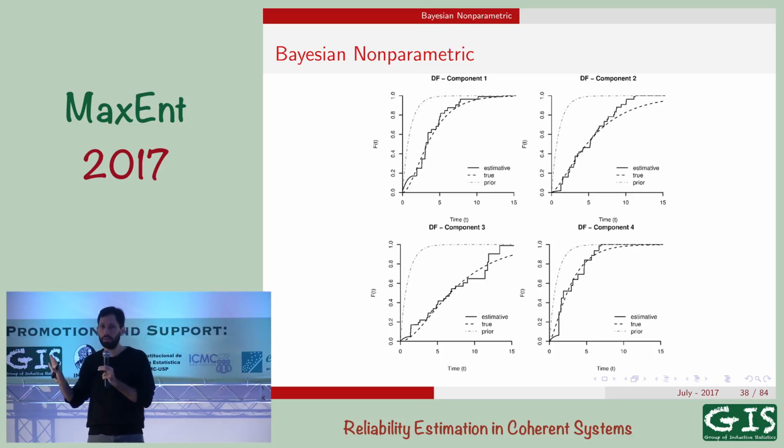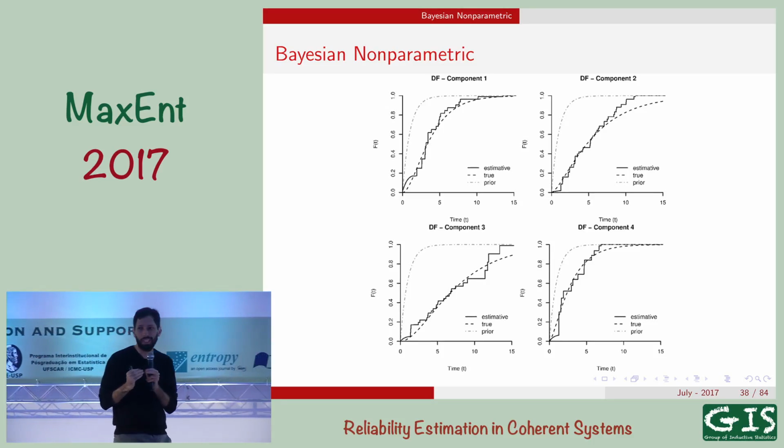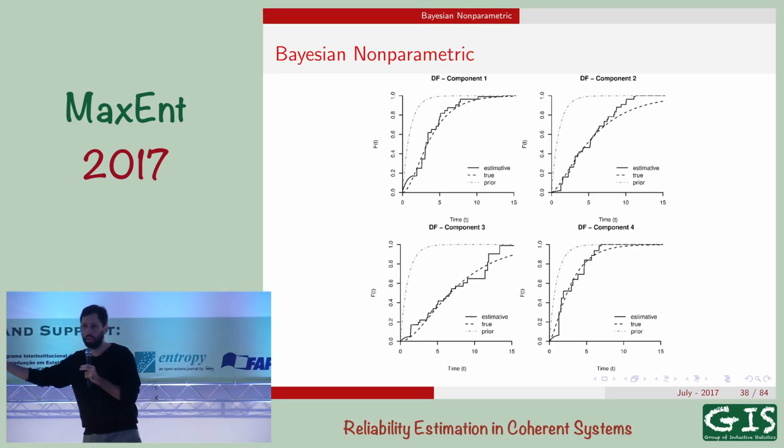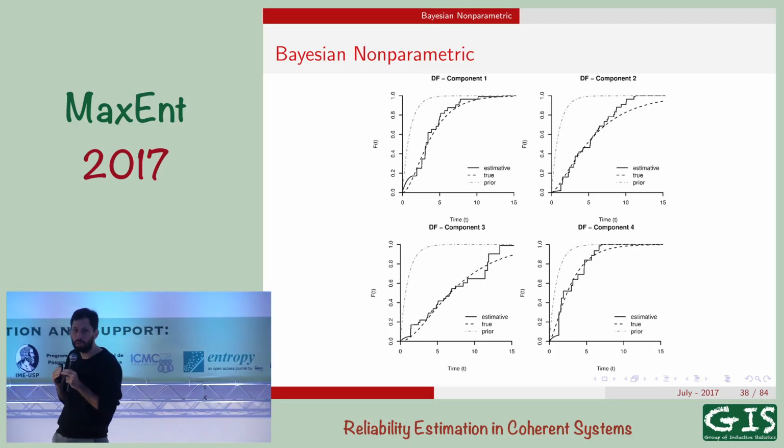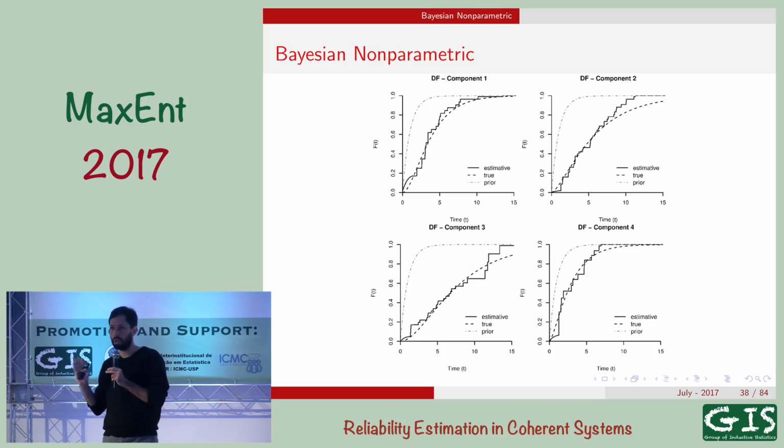So probably this will affect our estimations in some way, and my distribution will be bigger than the true one, because I am saying the system failed at time 5, and the other one failed after 5, but after 5 can be 6, 7, 8, 9, it can be anything.